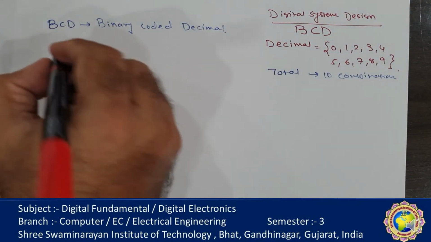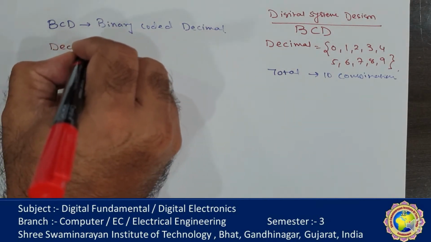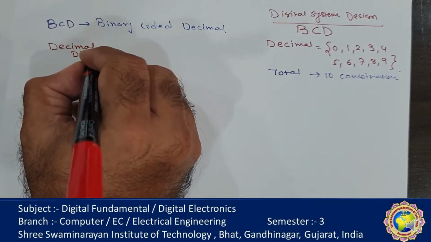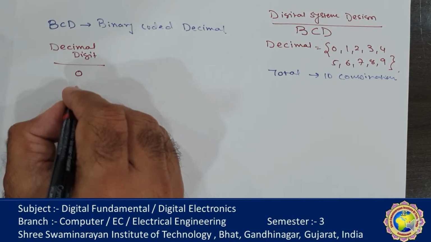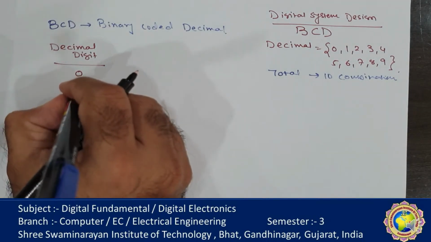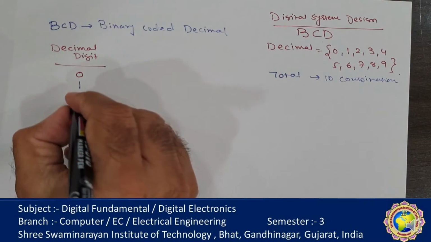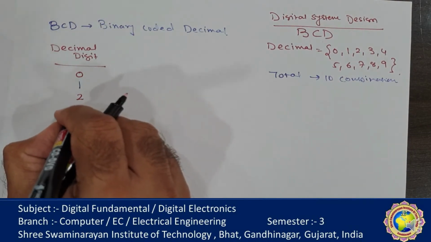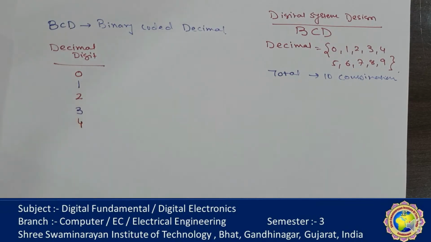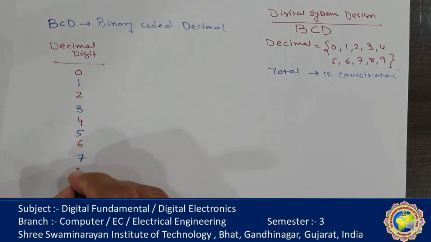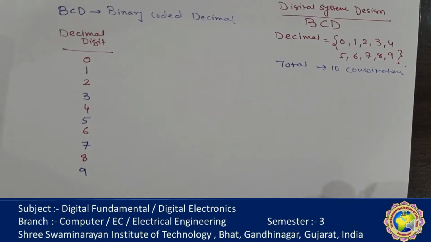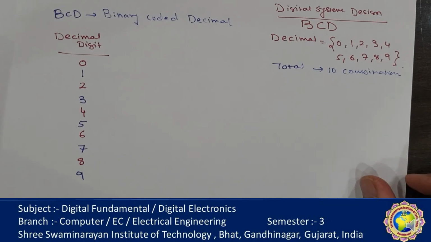Like suppose the decimal digits, as we mentioned: 0, 1, then 2 3 4, 5, 6, 7, 8, and 9. So total 10 combinations are there here.